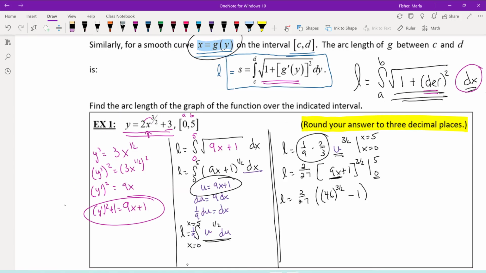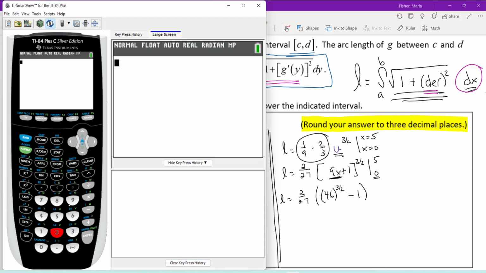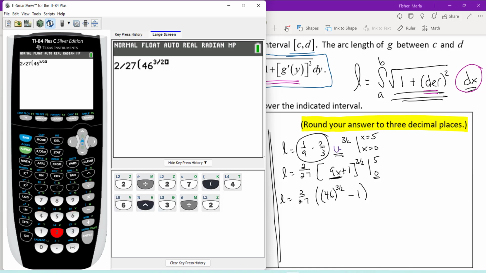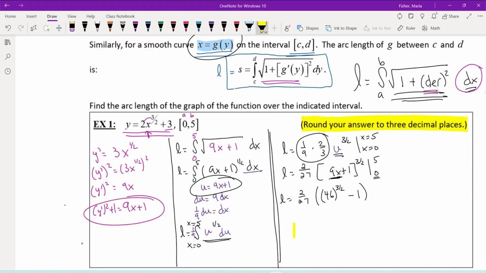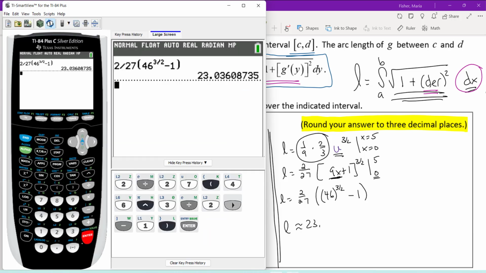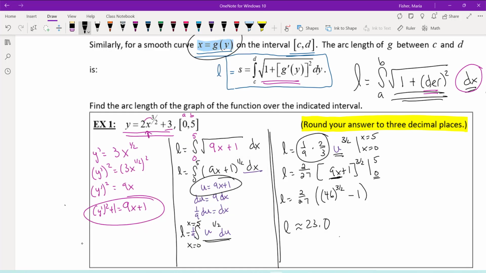Rounding our answer to 3 decimal places, we'd have 2 divided by 27 times 46 raised to the 3 halves power, and then minus 1. We hit enter and we end up with 23.036. So our arc length here, L, is approximately 23.036.